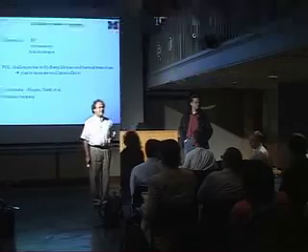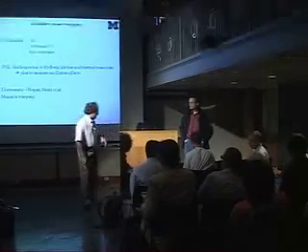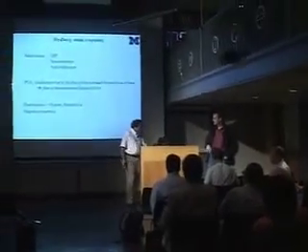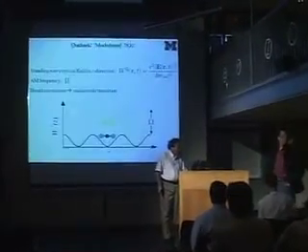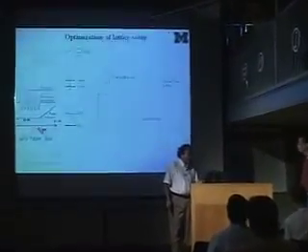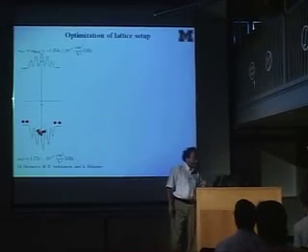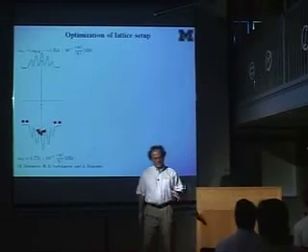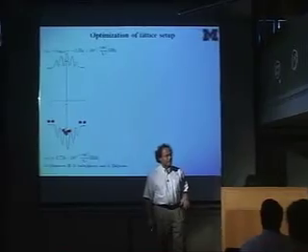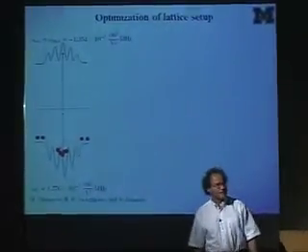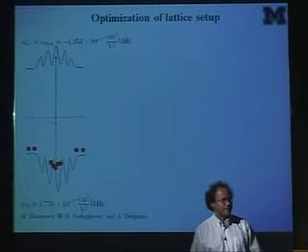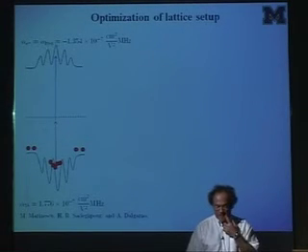If you look back at one of my slides, as long as the variations in the lattice potential are over length scales longer than the size of the atom, that's exactly what you do. You take the free electron polarizability.